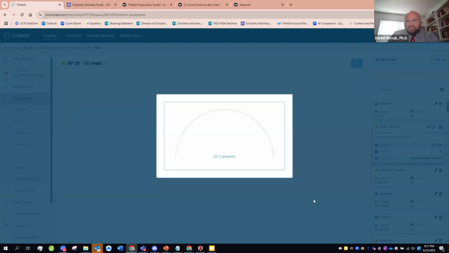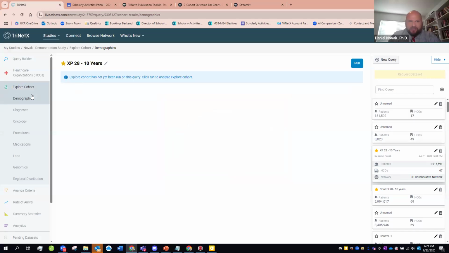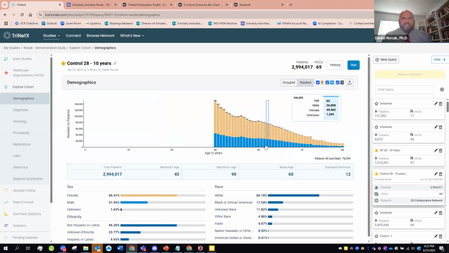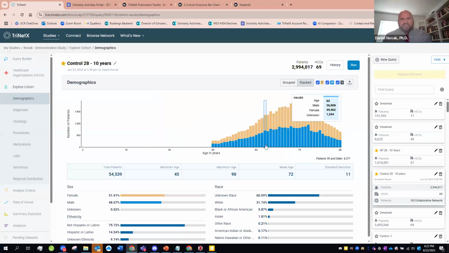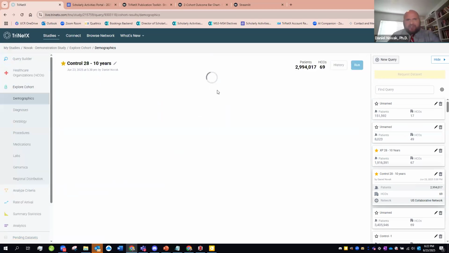So I'm going to run this, and actually, I think I already have one run. Yeah, here we go. This is the version where Julia Child takes her already made cake out of the oven. So this is our control cohort, which is people who were never exposed to statins, never had a statin in their record anywhere.